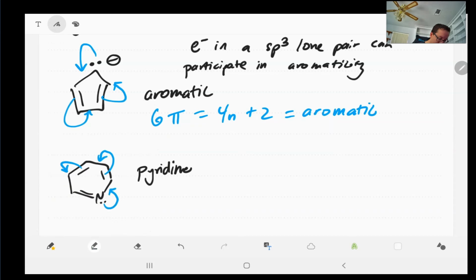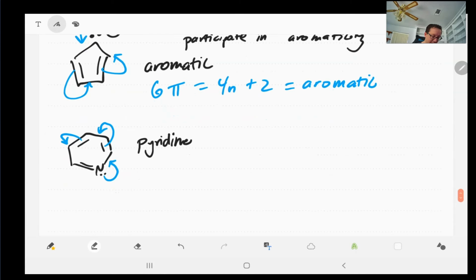But if we tried to, for example, do something weird like this, we could try. The reason that you can't resonate these in, by the way, is because of the geometry. You now have some weird accumulated double bond on the nitrogen. That needs to therefore be 180 degrees apart, sp hybridized. Not going to work.